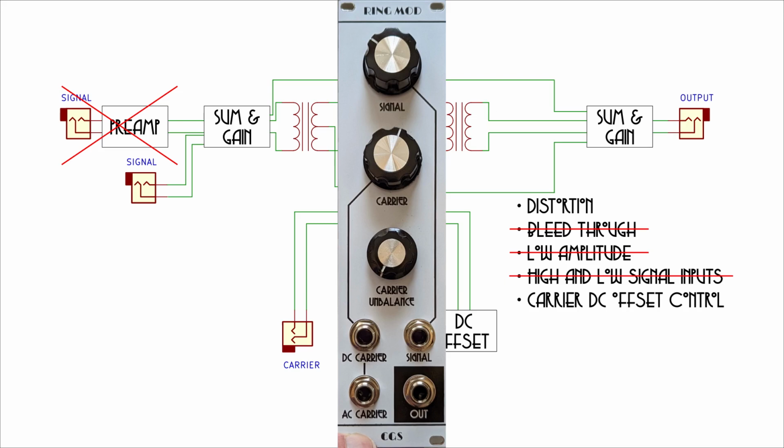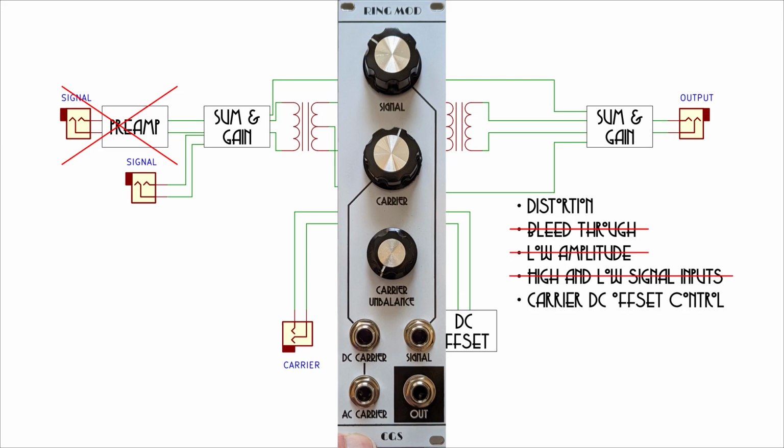I made not so much a change as a choice regarding the diodes. Stone says you can use any kind of diodes you want. He points out that you get generally more distortion with diodes that have a higher forward voltage.